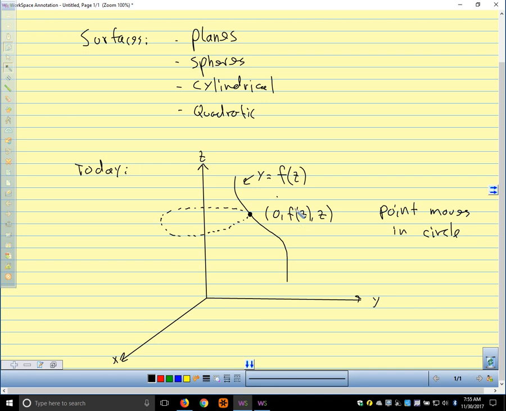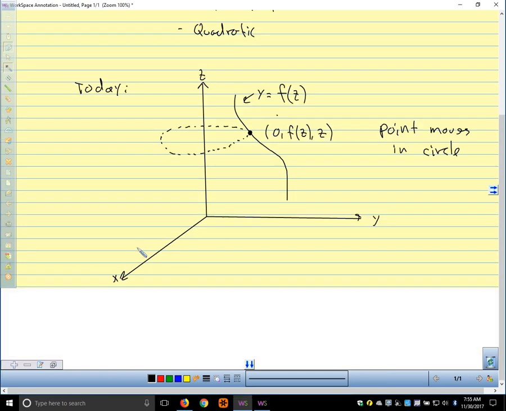So we're generating a surface of revolution. The trace of that surface in the xy plane is going to be a circle, so if we project this down onto the xy plane, we get a circle.